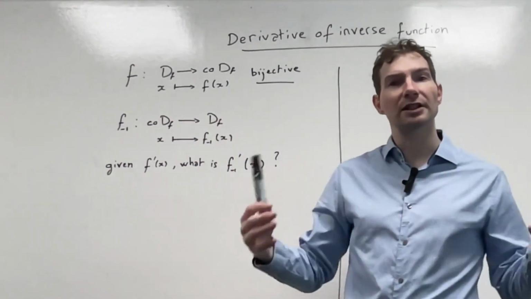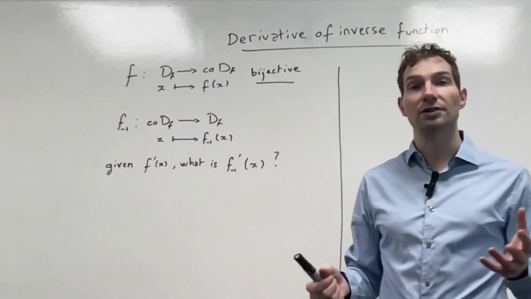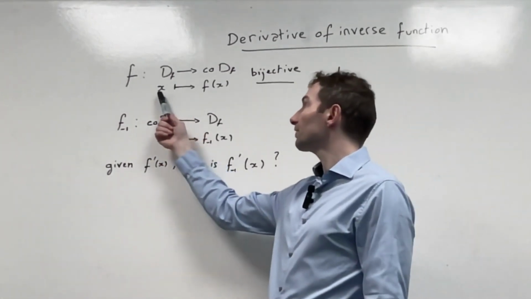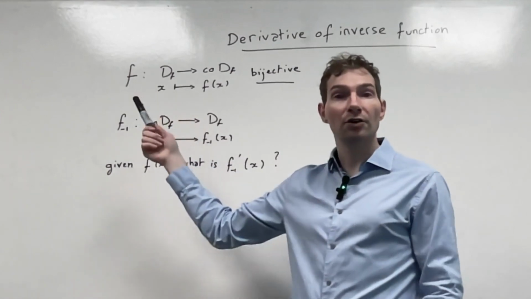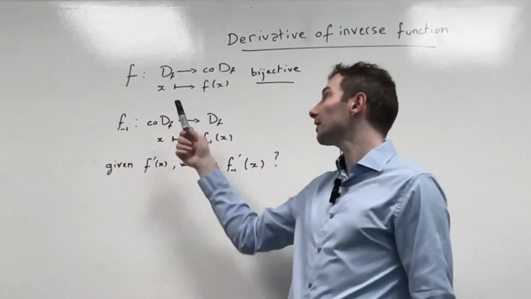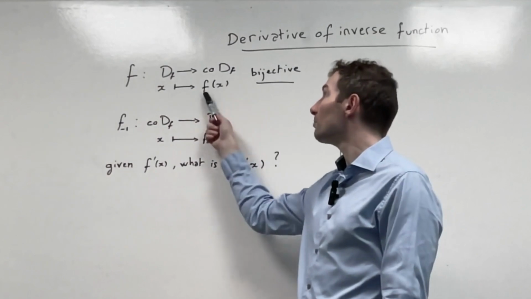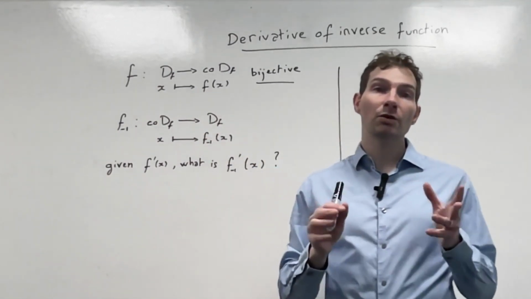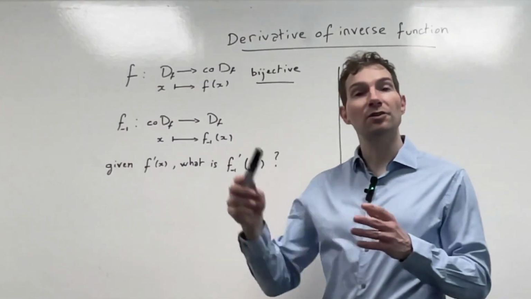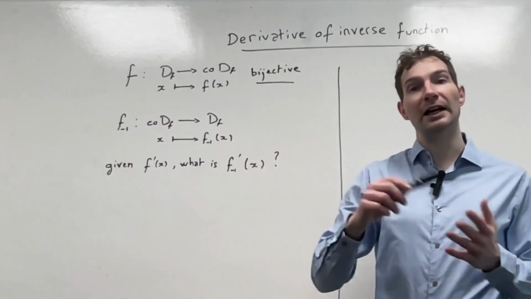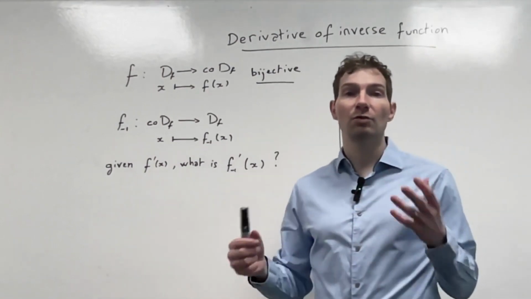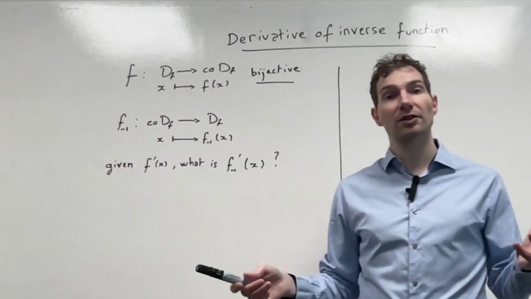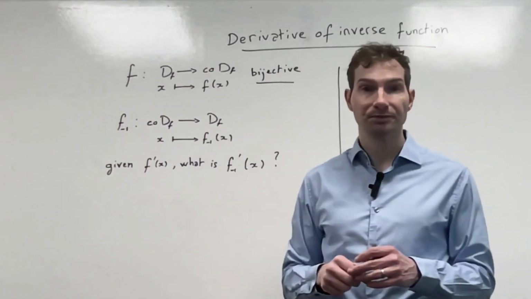From a notation perspective, you take an argument x that belongs to that domain, and it returns a number f of x that belongs to that codomain. What we require as well is a one-to-one relation between x and f of x, which means the function is bijective on this particular interval.